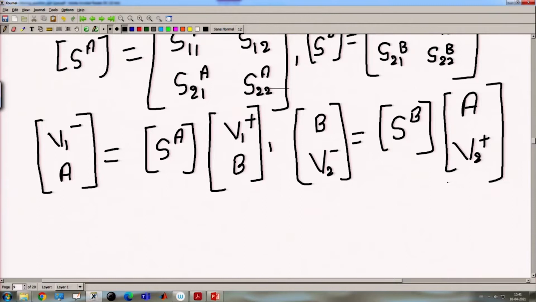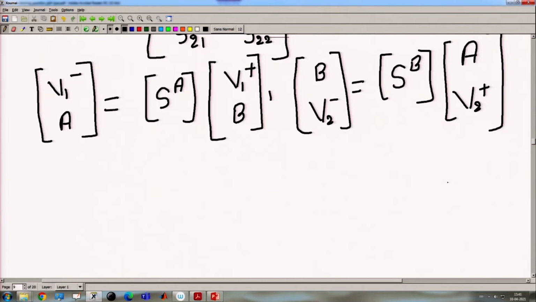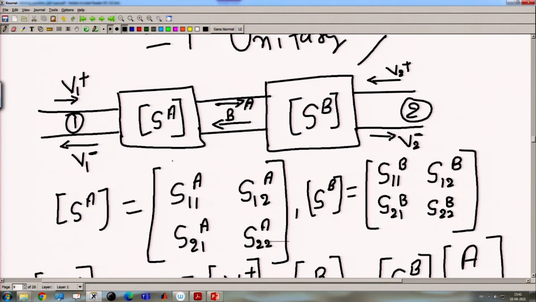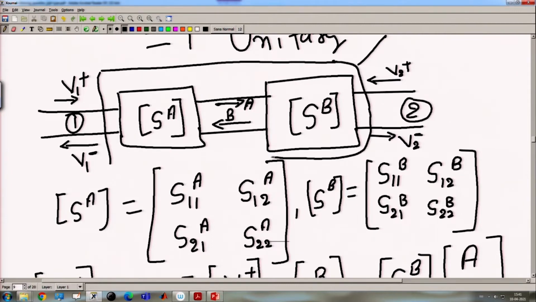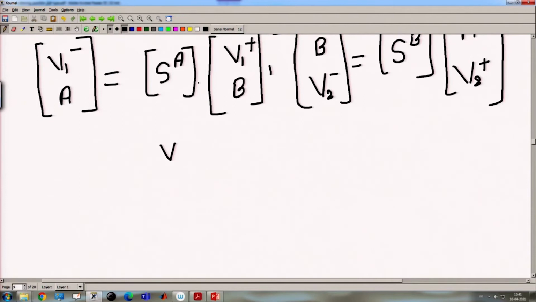From these two equations, for the total, we can assume that these two cascaded systems form one system with overall S parameter matrix S11, S12, S21 and S22.